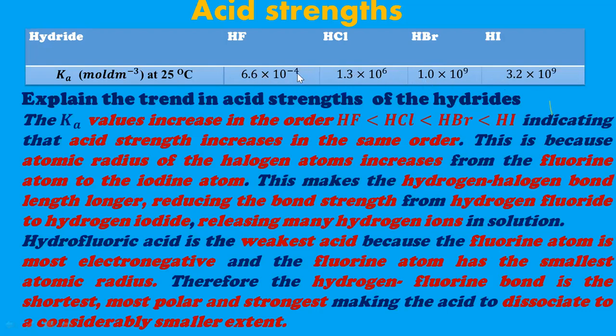Hydrofluoric acid is the strongest acid, followed by hydrogen chloride, and then hydrogen bromide. No, hydrogen fluoride is the weakest acid because this value is the smallest, and this value is the highest. That means hydrogen iodide is the strongest acid. So the Ka values increase in that order, indicating that the acid strength increases in the same order.